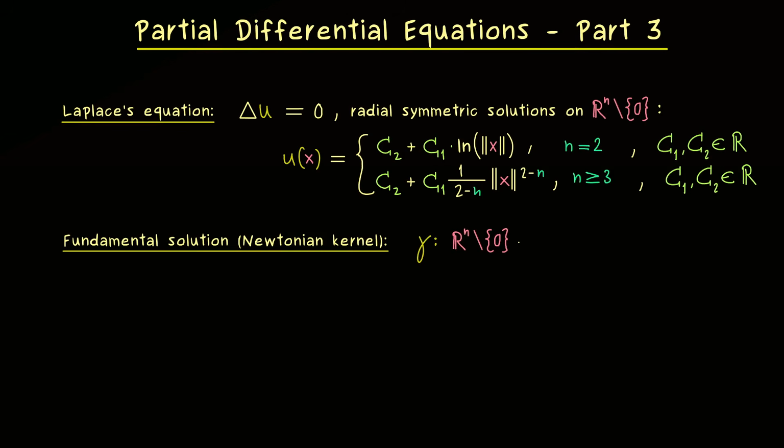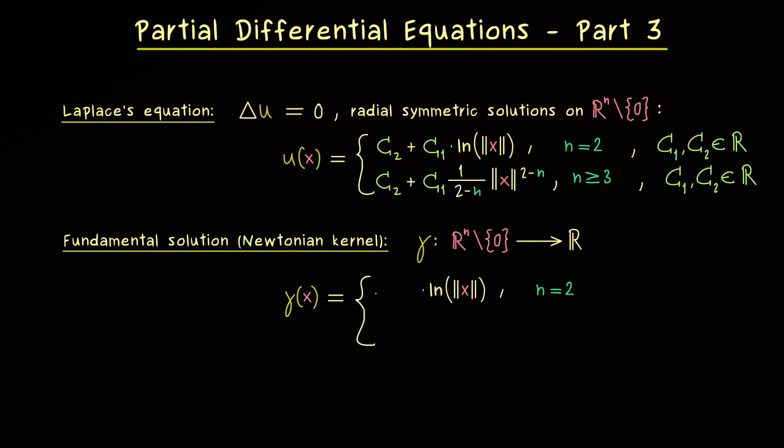And as already mentioned, sometimes you will see it as the Newtonian kernel. However, there I should already tell you that there is no general consensus about which sign is the correct one for the constant c1. Which just means that some people will say that minus gamma is what we should call the fundamental solution. But since this is not a big issue, we can just ignore it for the moment.